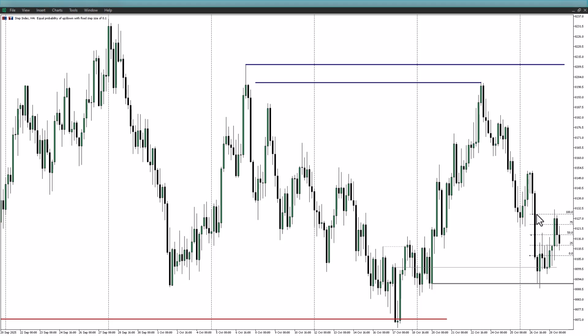The problem with this is that there is a volume imbalance. There is an absence of price action between this candlestick's closing price and this candlestick's opening price. There is a volume imbalance. So we cater to our volume imbalance because sometimes, more times than not, step index will want to fill in the inefficiency up to the volume imbalance.